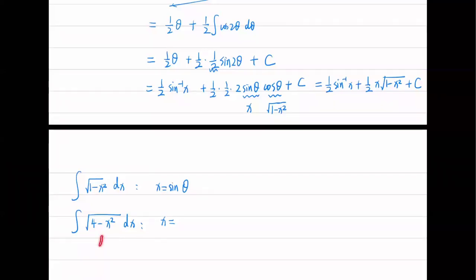Okay, we want to get this 4 sine theta square. If we take a square root, 2 sine theta. The purpose of this is to get rid of the square root. This implies, what does this give us?